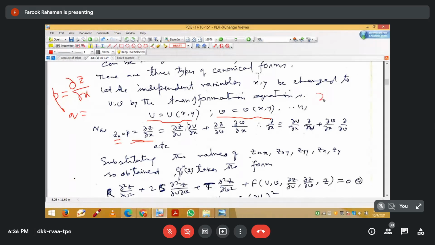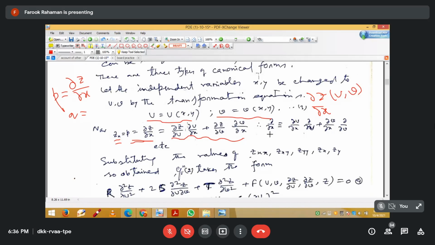Now, z is a function of u and v after the transformation. If you try to find del z del x, you have to use the chain rule. One can easily find del z del x by using the chain rule.